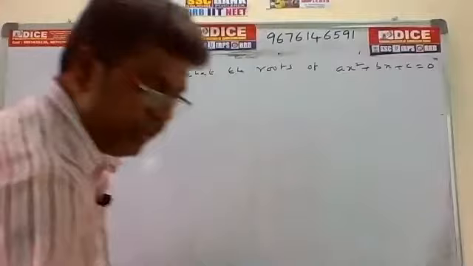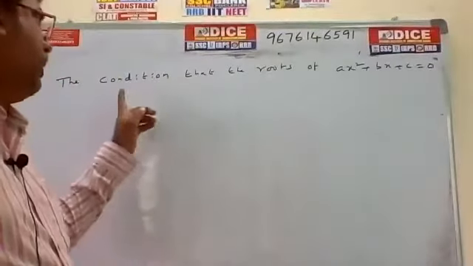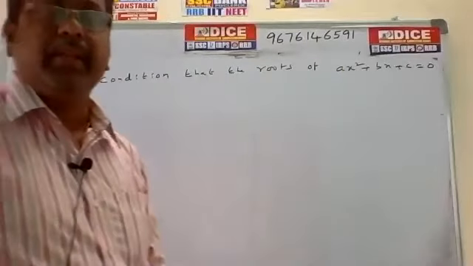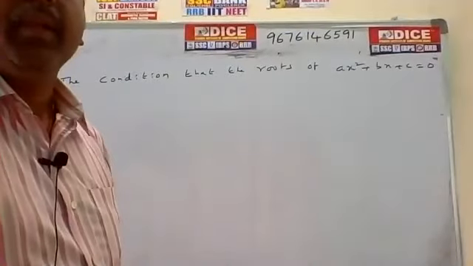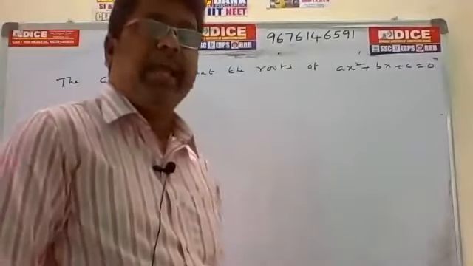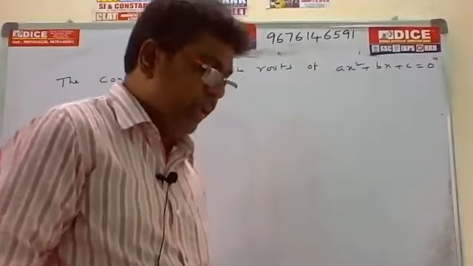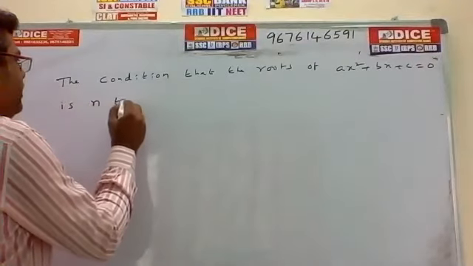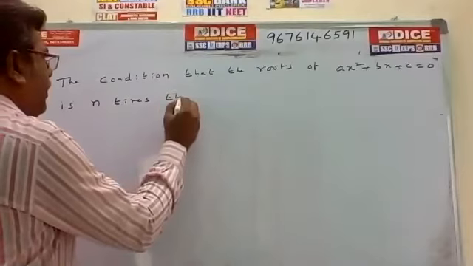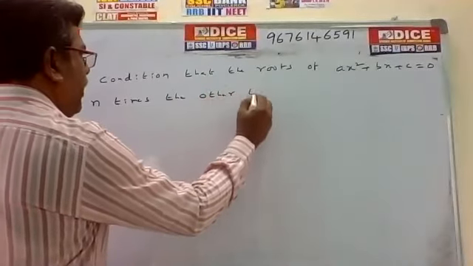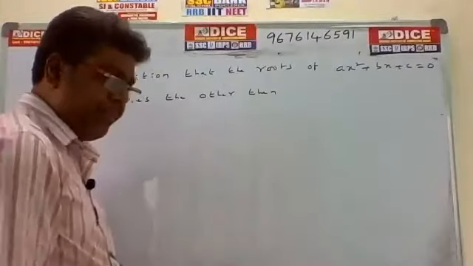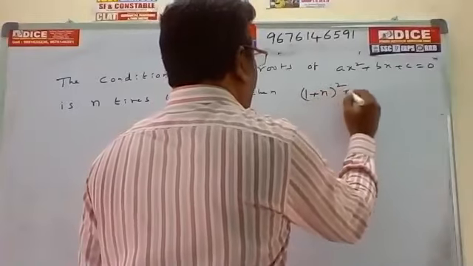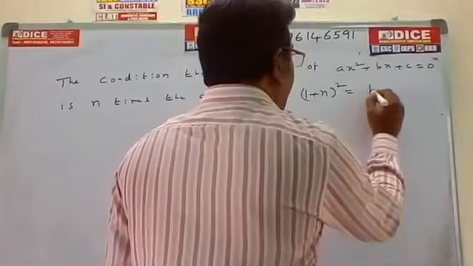Write down the note. The condition that the roots of the equation ax square plus bx plus c is equal to 0, if one root is n times the other, then 1 plus n whole square AC is equal to b square into n.